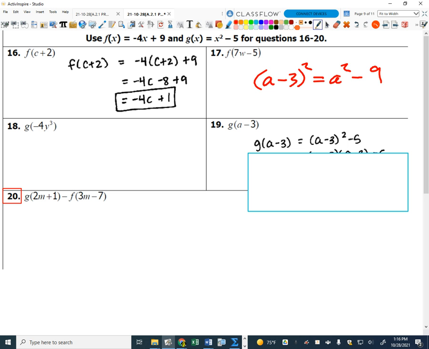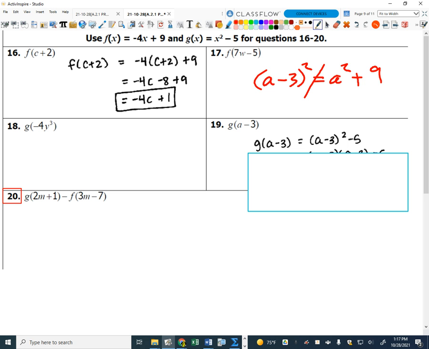Thumbs up, thumbs down. Okay, I'm seeing a mixed bag here. The answer is no, it is not. Okay, so is it a squared plus 9? The answer is still no.